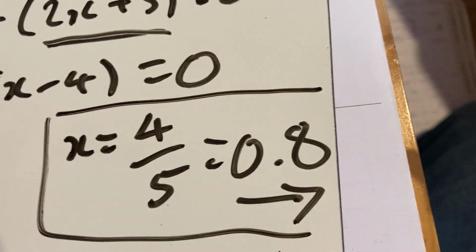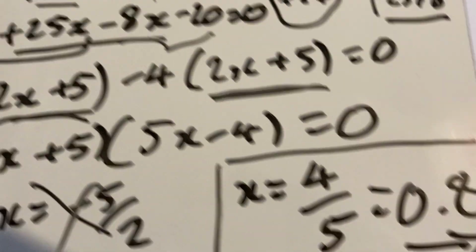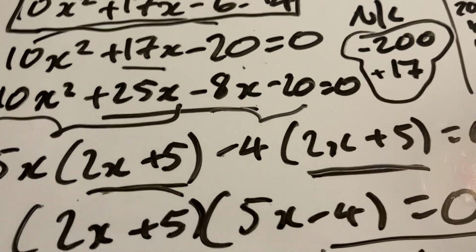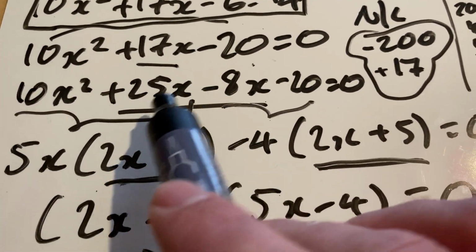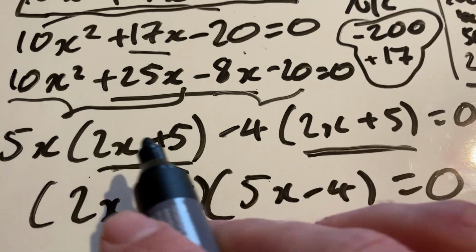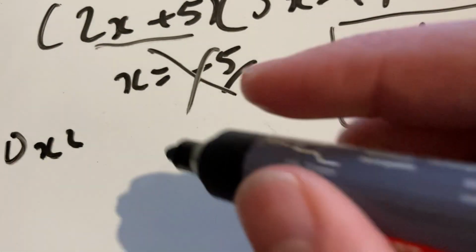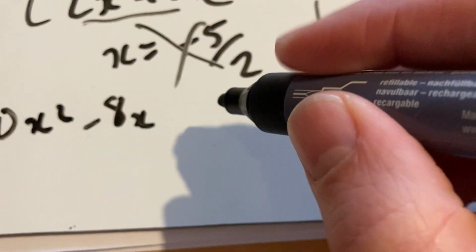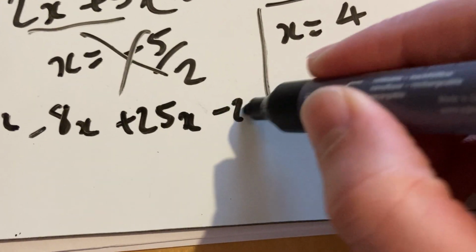Again, I want a positive solution because it is the length. And that solves the equation there and solves the sum. Okay, if I had split these pairs differently, if I'd done 10x squared minus 8x and the 25 there, it shouldn't matter. They should end up here. And I could quickly show that here. 10x squared minus 8x plus 25x minus 20.